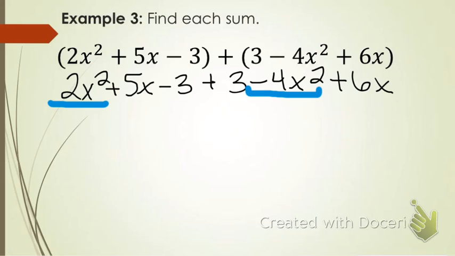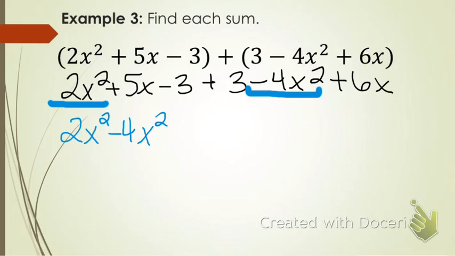This is a horizontal method. That way you can see how we're going to end up with our final solution. So the next thing I'm going to do is, okay, what else comes after? I'm writing this in descending order, so I have a power of 2. Do I have anything that has a power of 1? Or any x term with a power of 1?